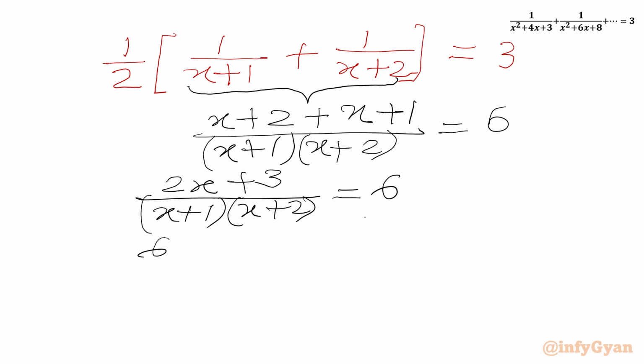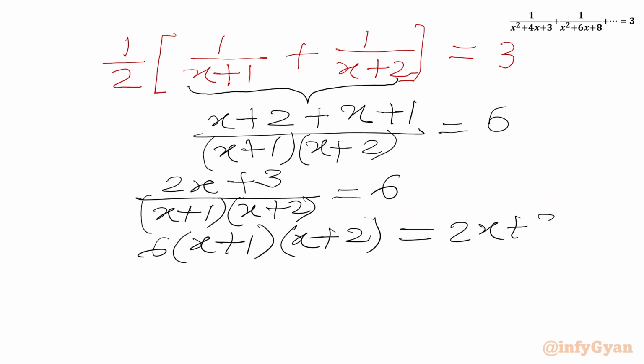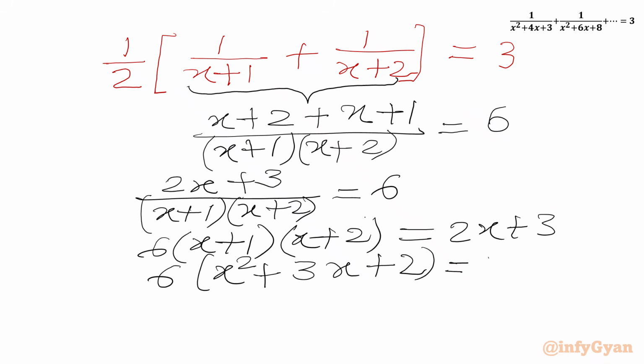Now we will write 6 times x plus 1 times x plus 2 equal to 2x plus 3. Now we have to simplify. We will get here 6 times x square plus 3x plus 2 in LHS, 2x plus 3 in RHS.